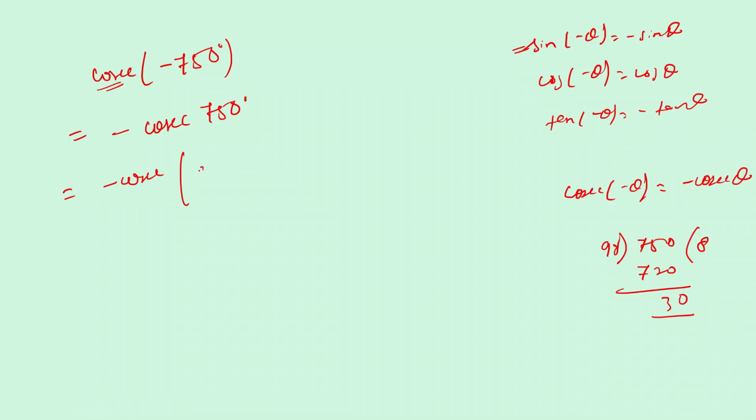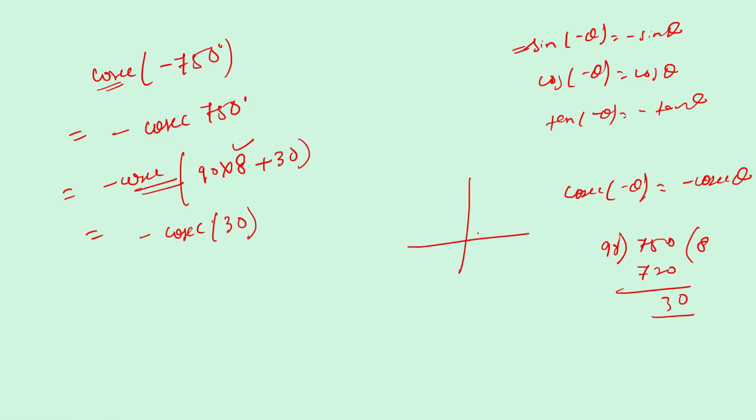So we write it as 90 times 8 plus 30 degrees. So 90 times 8, this is even, so cosec will not be changed, cosec will remain cosec, and 30. So in which quadrant is it? It is in the 90 times 1, 2, 3, 4, 5, 6, 7, 8, and plus 30 in the first quadrant.